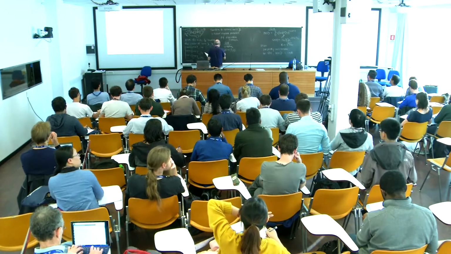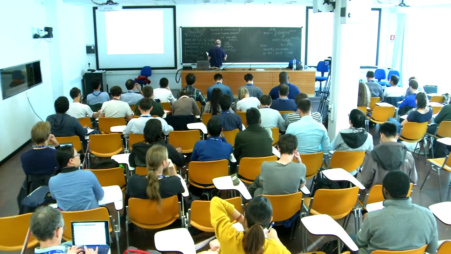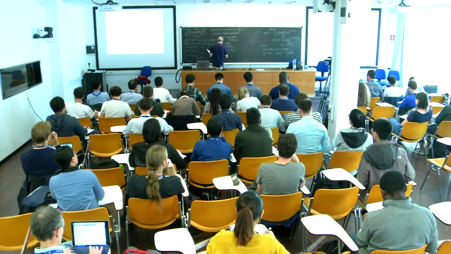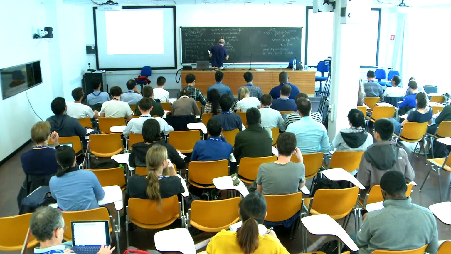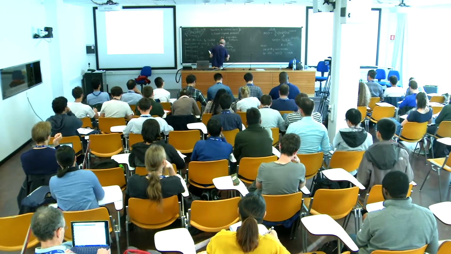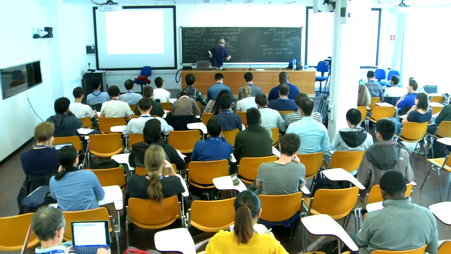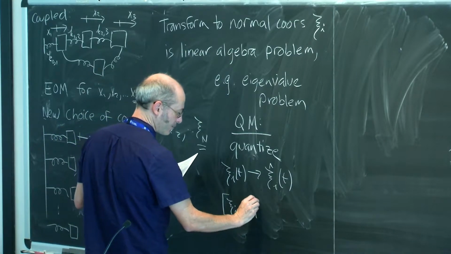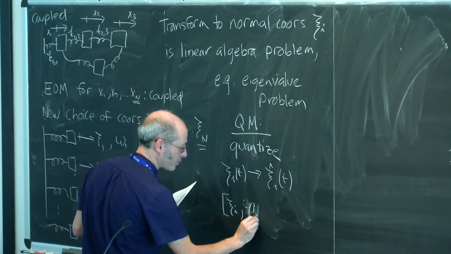And those operators, since they are just linear functions of the original x's and p's, will obey the same commutation relations. So this is normal coordinate I. This is the momentum of the ith normal coordinate.